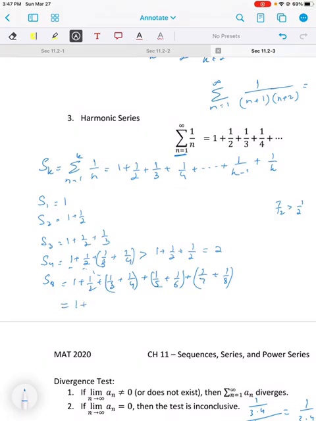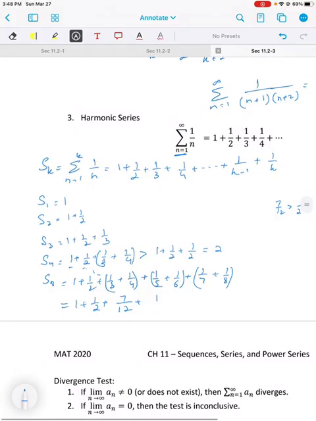Notice here, if we combine these two, this is giving me, as before, 7 over 12. And this will give me 11 over 30, which is not bigger than 1 over 2.